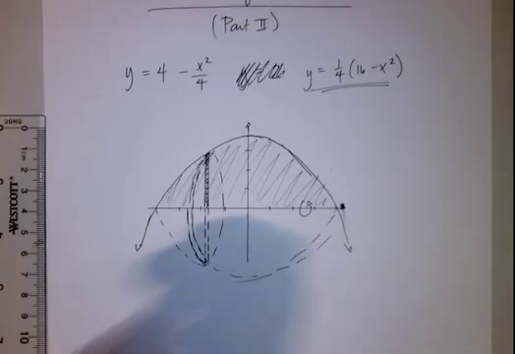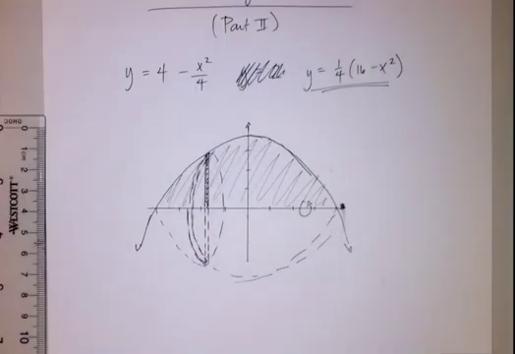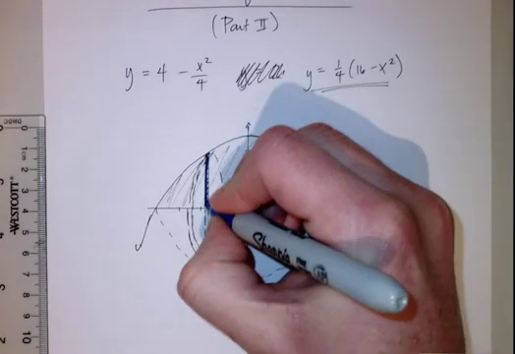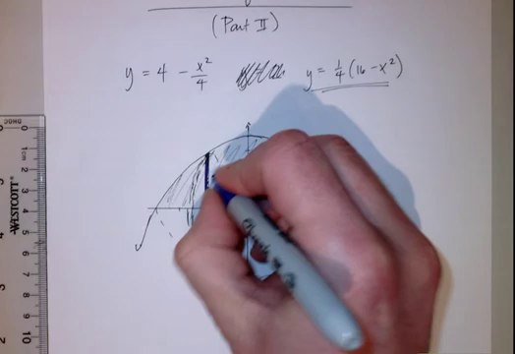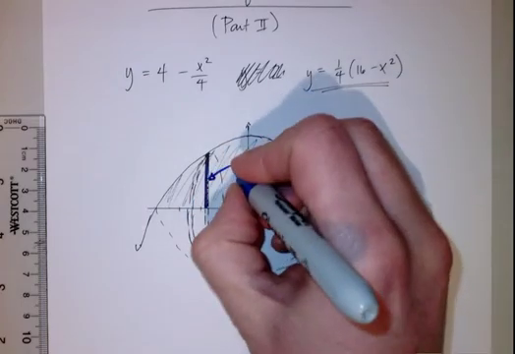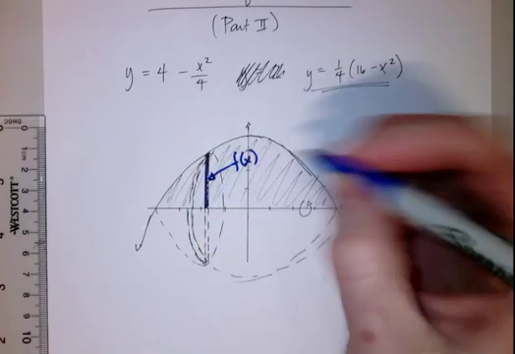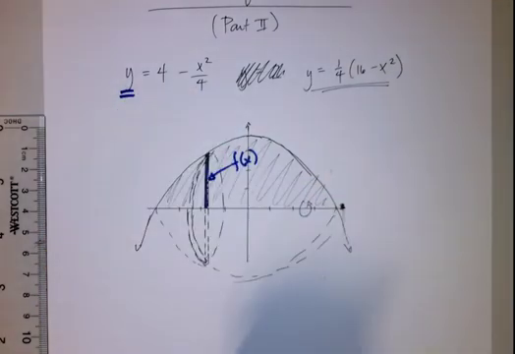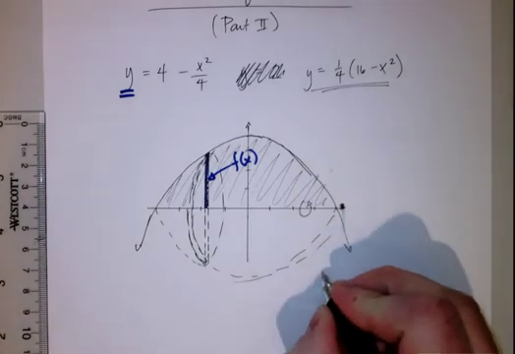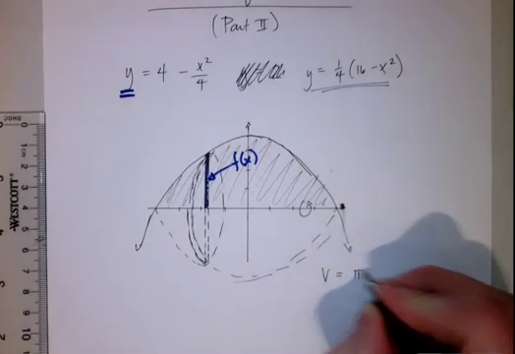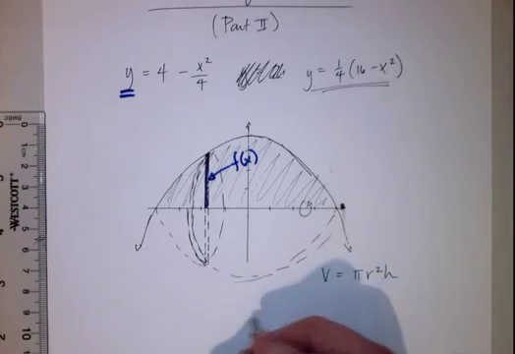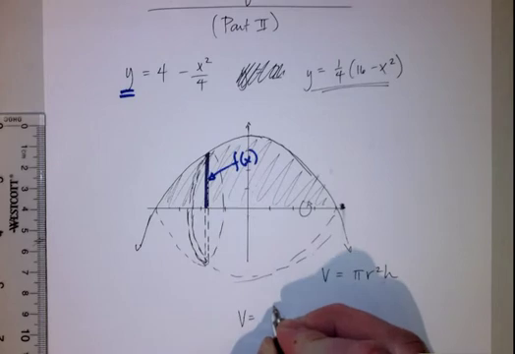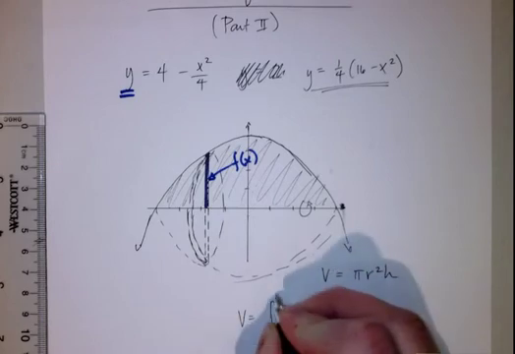Well, if I look at this cross section, which is the cylinder, that's my R. And R is always going to be f of x, or in this case we called it y. It doesn't really matter. We know that cylinders have a volume of pi r squared h. When we turn that into an integral, it's from a to b.